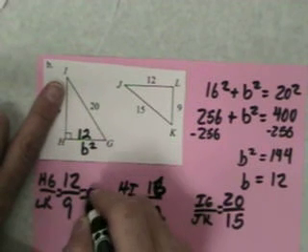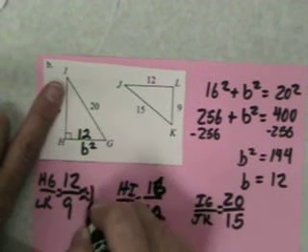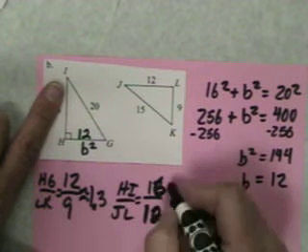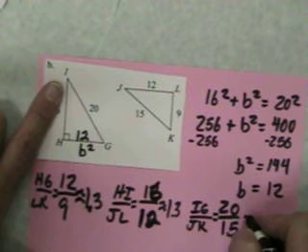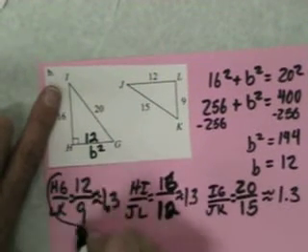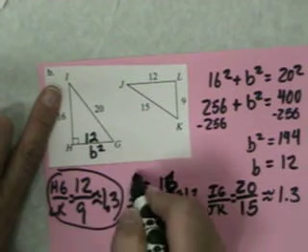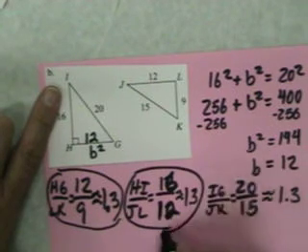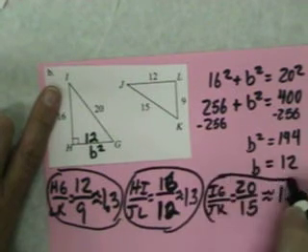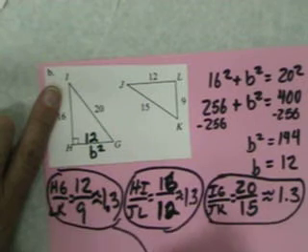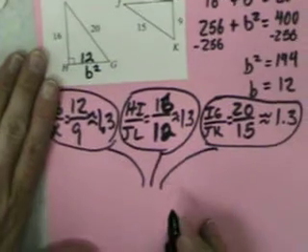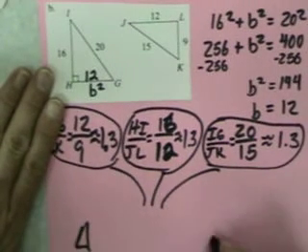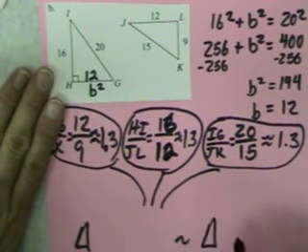This one equals about 1.3. This one is about 1.3 when I do the calculation, and this one is about 1.3 when I do the calculation. So I have my 3 zoom factors. They work out to be the same. And so my conclusion is that my first triangle is similar to my second triangle.